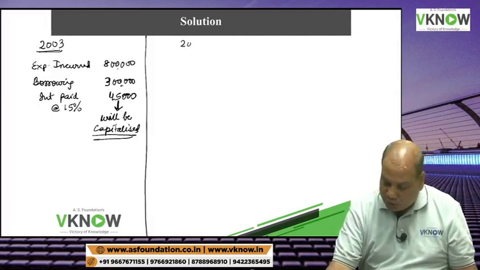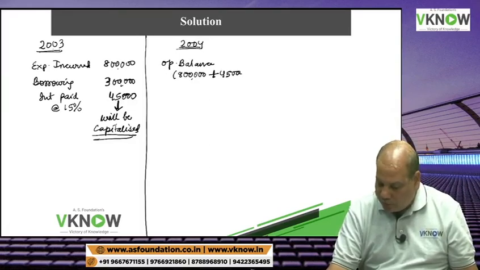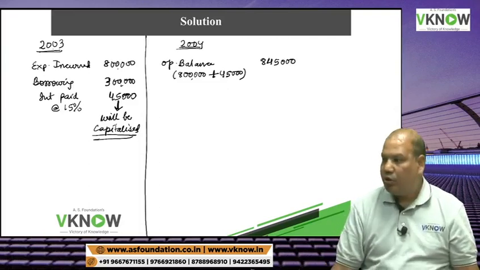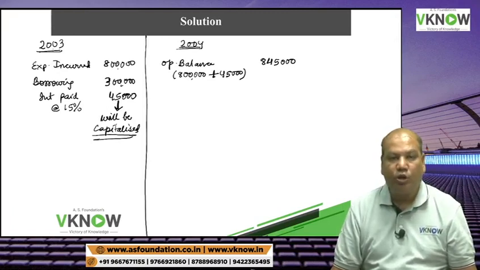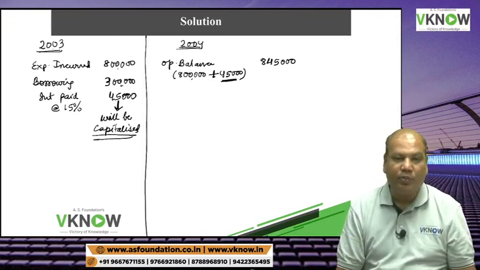Then when I come to year 2004, my opening balance will be 8 lakh plus borrowing cost previously capitalized. So my opening balance will be expenditure incurred in 2003 plus borrowing cost previously capitalized.